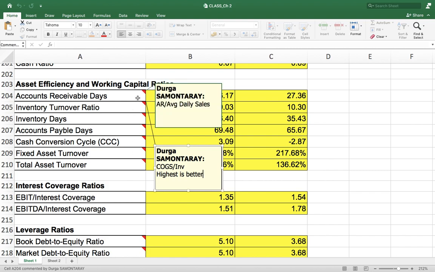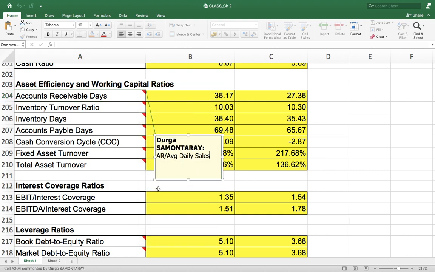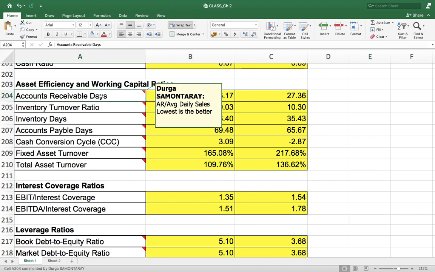And accounts receivable days: edit comment, lowest is better.